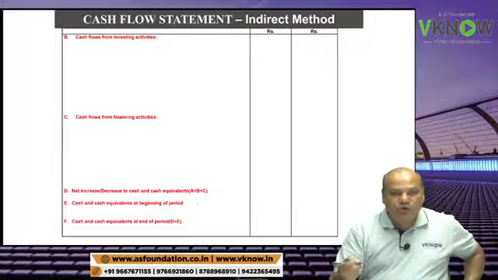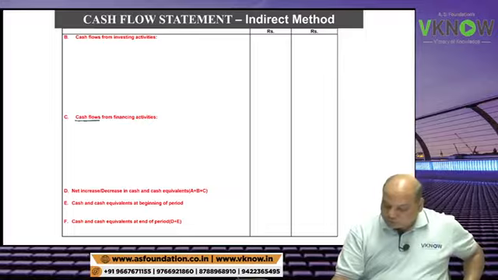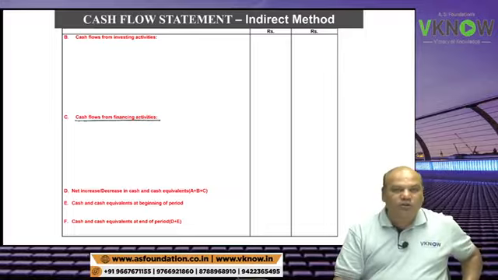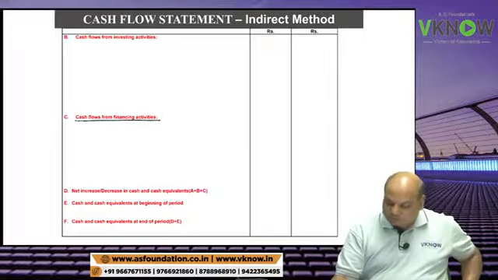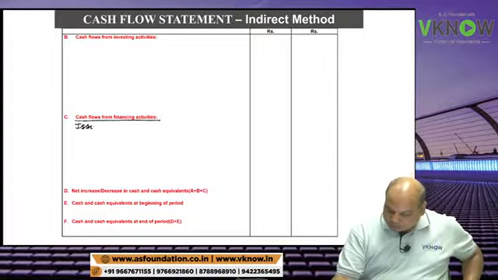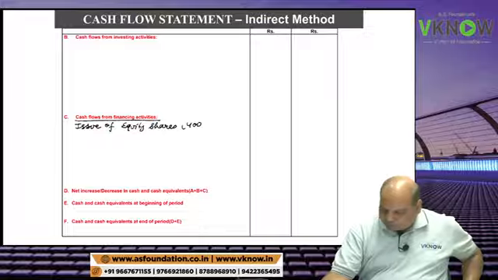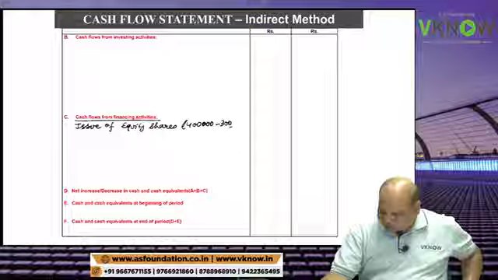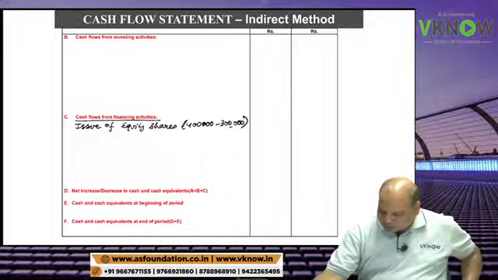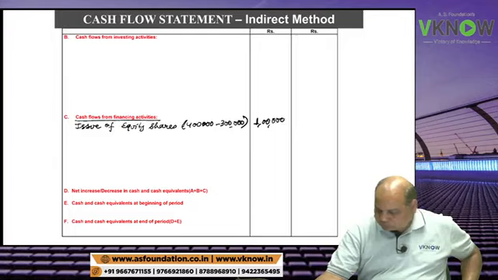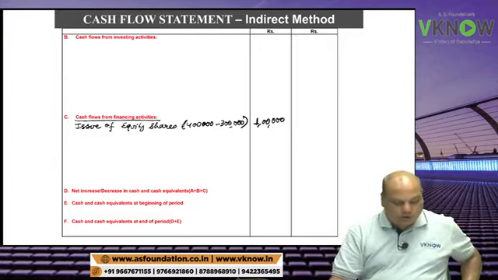We can assume issue of shares. So come to cash flow from financing activity, point number C, and write here issue of equity shares, 4 lakh minus 3 lakh. The answer is 1 lakh.